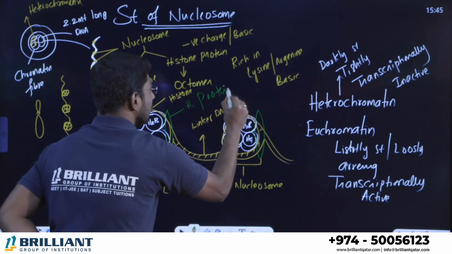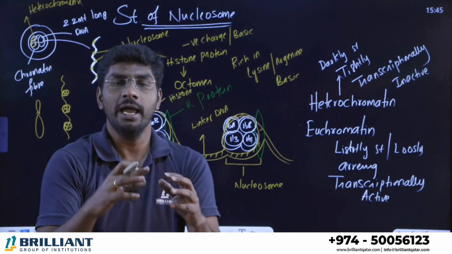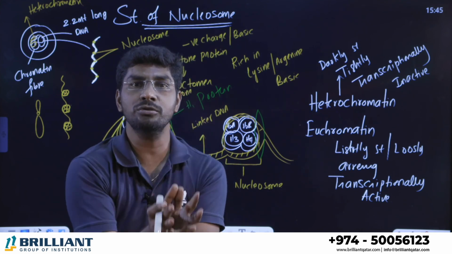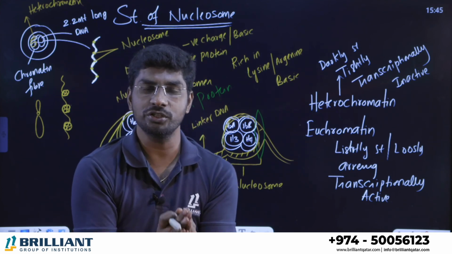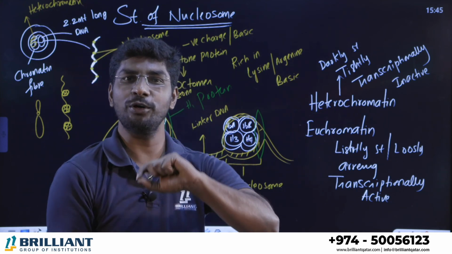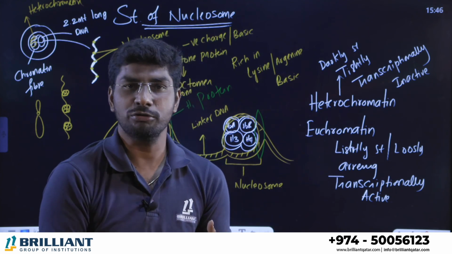Am I clear? Now look here. H1 protein's function is just to hold the 8 histone octamer in a proper position. Am I clear? So students, remember the nucleosome structure. Nucleosome is made up of DNA and also histone octamer.